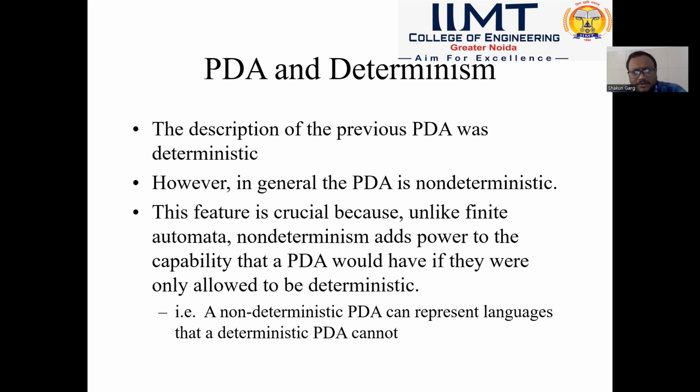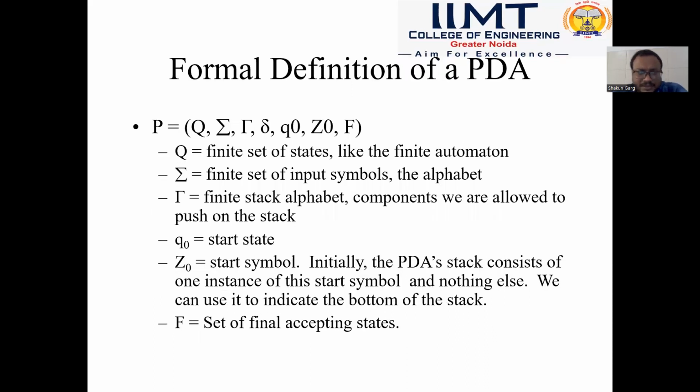Same as finite automata, PDA can also be categorized into two ways: non-deterministic PDA and deterministic PDA. Non-deterministic PDA has more capability in comparison to deterministic PDA. We will discuss this in the next slides also.